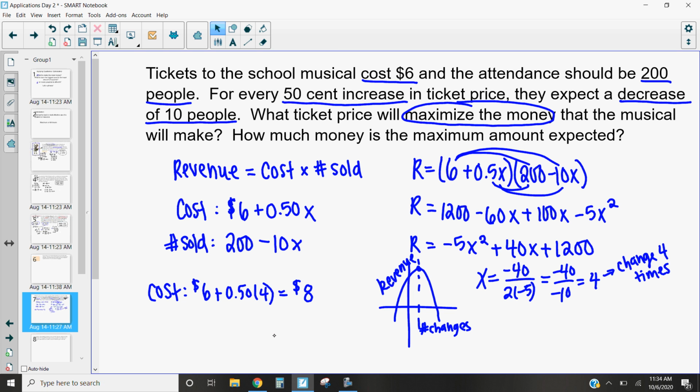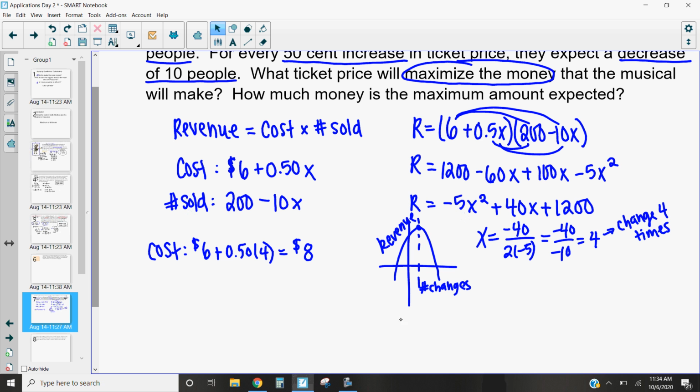And when I charge $8 a person, we can use our revenue equation to figure out how much money we make. So our revenue, when we're charging $8 a person, is going to be what happens when I substitute that 4 changes in here. So negative 5 times 4 squared plus 40 times 4 plus 1200.